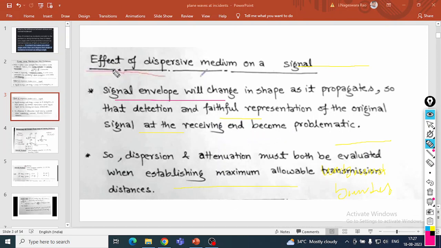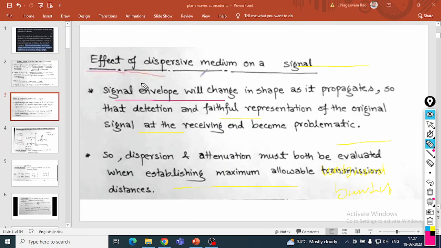Here you observe the effect of dispersive media. Suppose you have a dispersive medium between the two mediums. Due to this dispersion, some signal may be propagated and some signal may be reflected from medium 1 to medium 2. Then what are the effects?